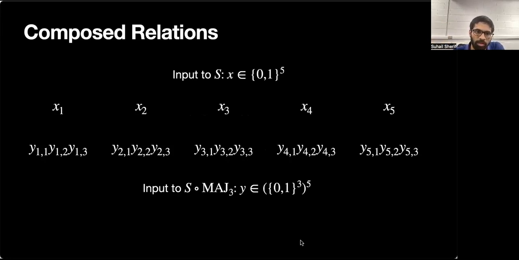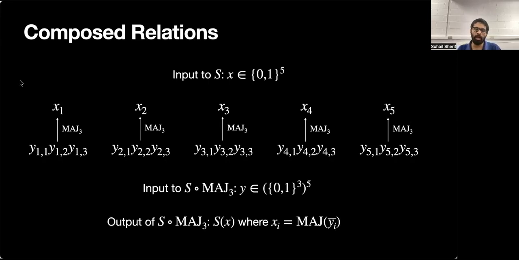Each of these blocks I'm going to call a gadget. And given these 15 bits, by applying the majority function on each block, we get an implicit 5-bit input to the original relation. And any valid output on our implicit X is a valid output for our composed relation.